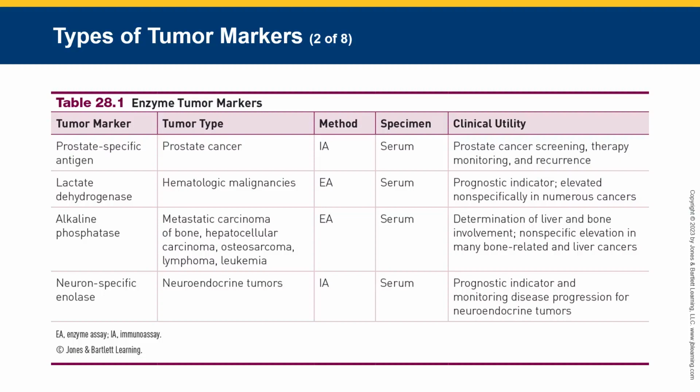Leukemia is referring to the cancer of white blood cells. So determination of liver and bone involvement, nonspecific elevation in many bone-related and liver cancers. Neuron-specific enolase, neuroendocrine tumors, and it's a prognostic indicator and monitoring disease progression for neuroendocrine tumors.